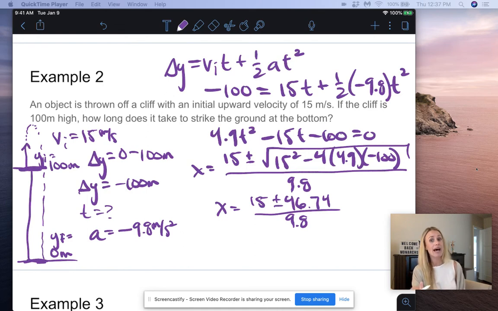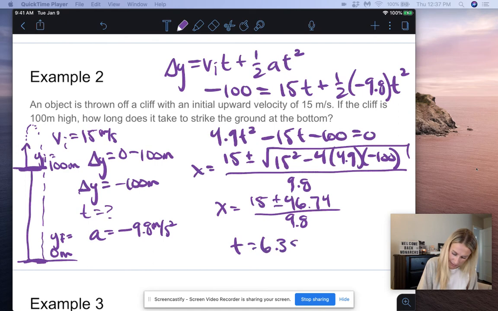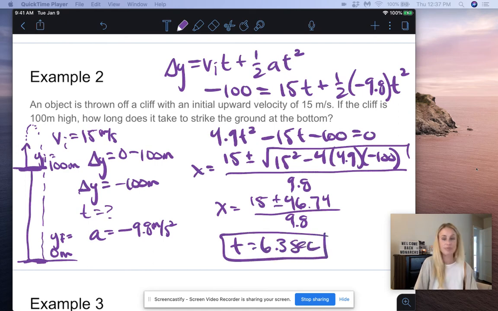It has to be the plus, because you can't subtract 46 from 15 and get a positive number. So we have to do only the plus 15, and then I divide that whole number by 9.8, and I end up getting a time of 6.3 seconds. All right, so that's example 2.